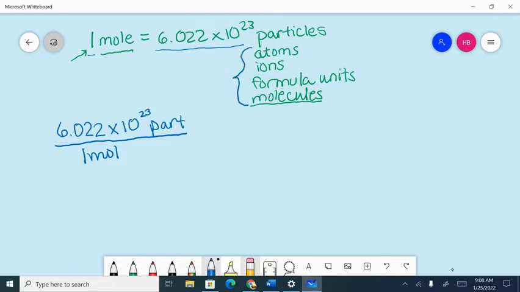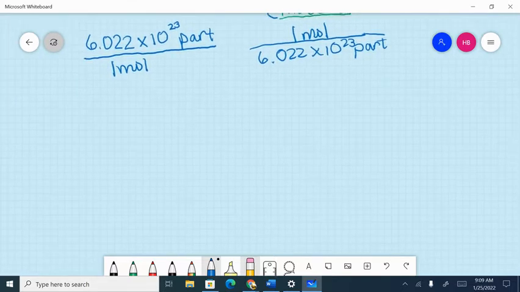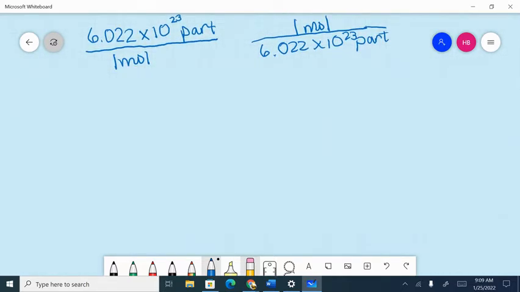The other conversion factor is simply the opposite way: 1 mole is 6.022 times 10 to the 23rd particles. So here are our conversion factors, and let's look at what some example problems might look like.